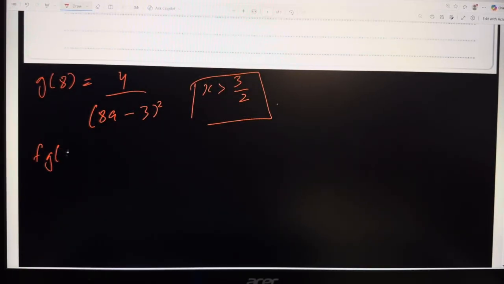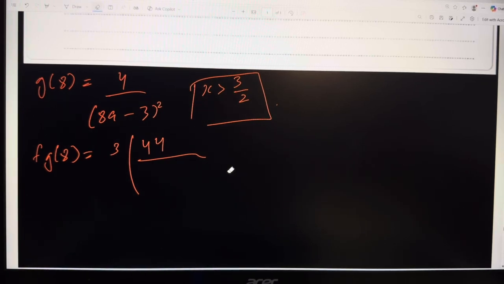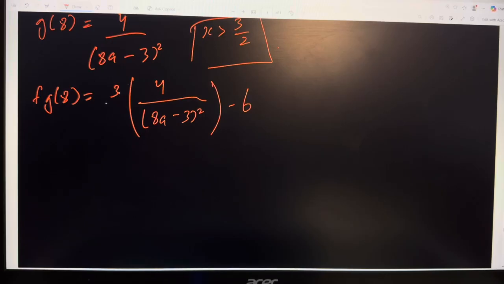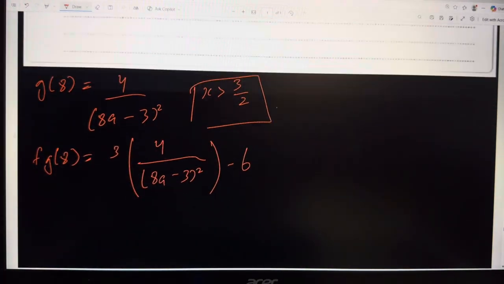F of g of 8 is equal to 3 times 4 upon 8a minus 3 the whole thing squared, minus 6, right? So this becomes this, and all of this is equal to what? 6, right?